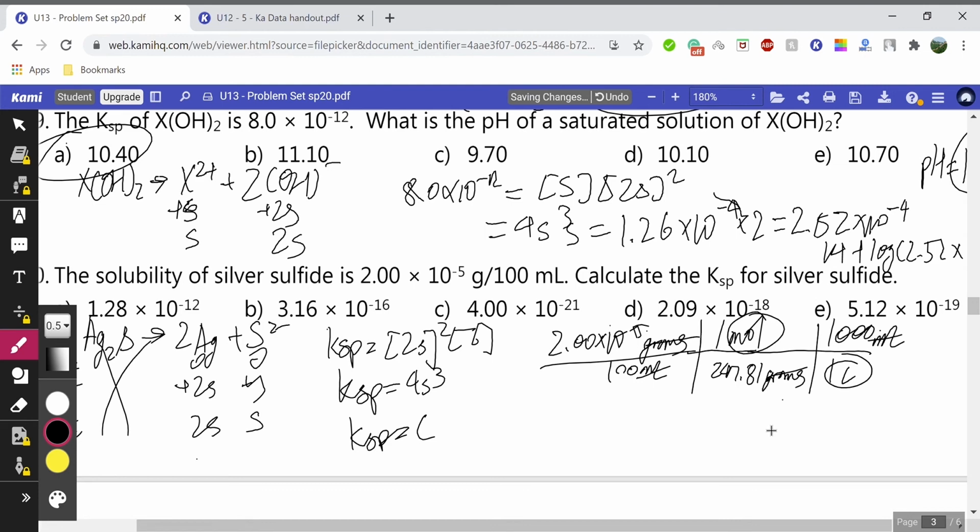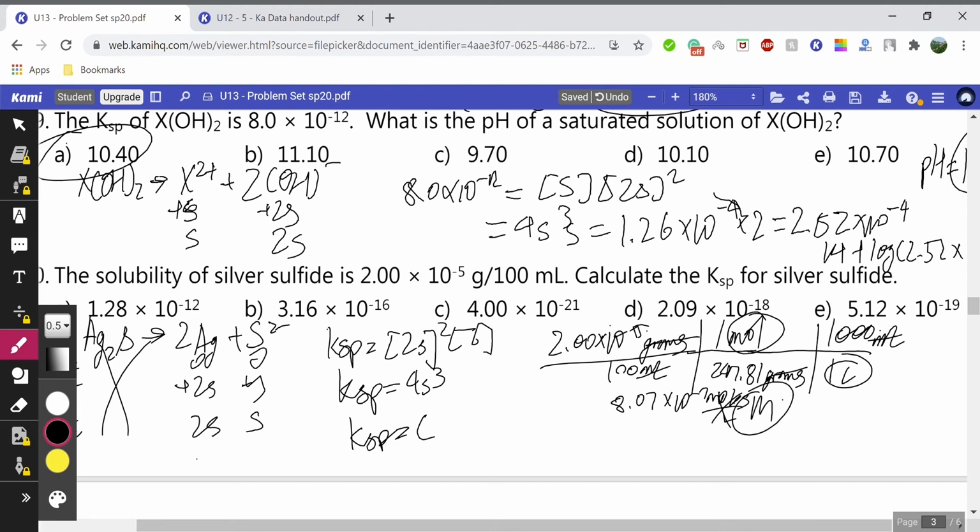Now 2.00 e to the negative fifth power divided by 100 times 1 divided by 247.81 times 1000 divided by 1, which will be equal to 8.07 times 10 to the negative 7th moles per liter, aka molar.